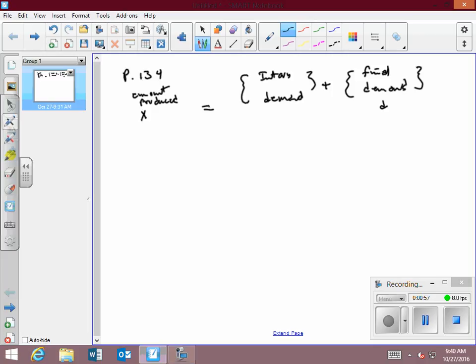You produce goods and services, and then this intermediate demand is there's firms producing goods and services, but what they require is they require output themselves. There's different sectors of the economy, and they've broken it down. It's pretty common.